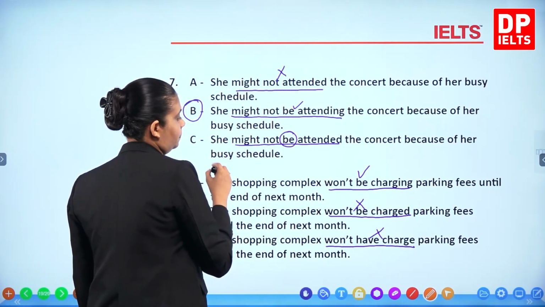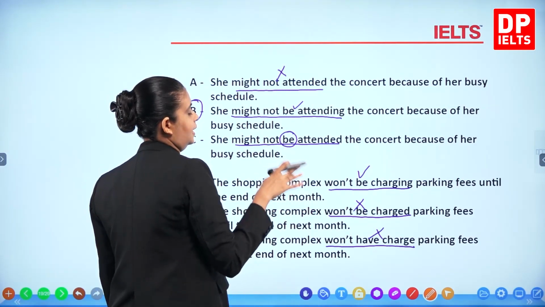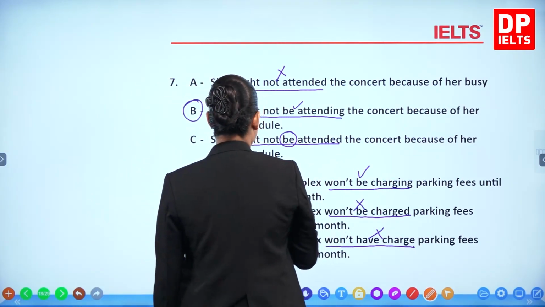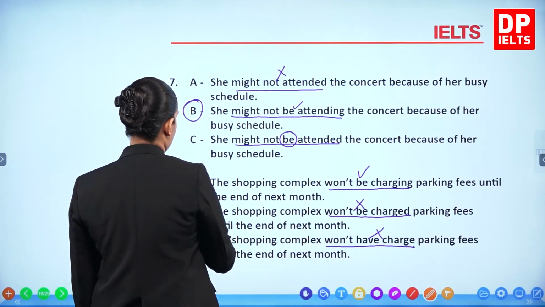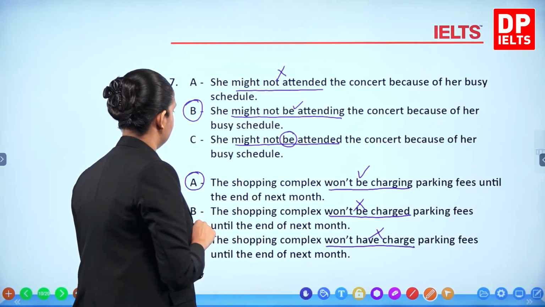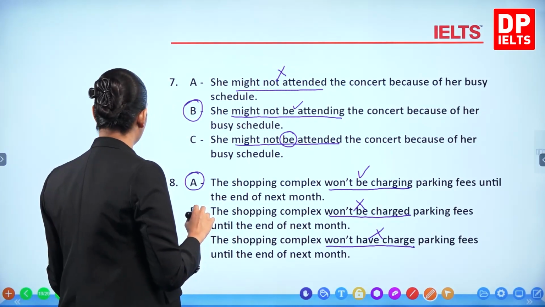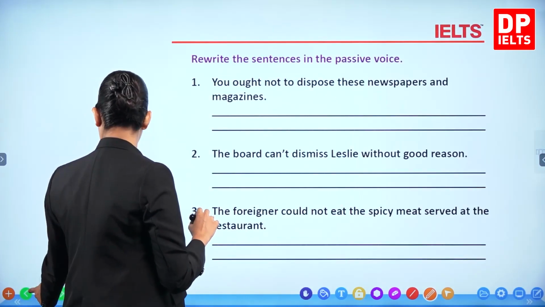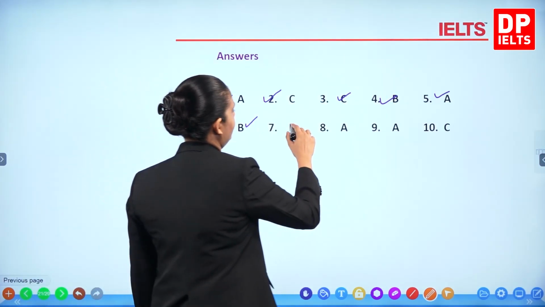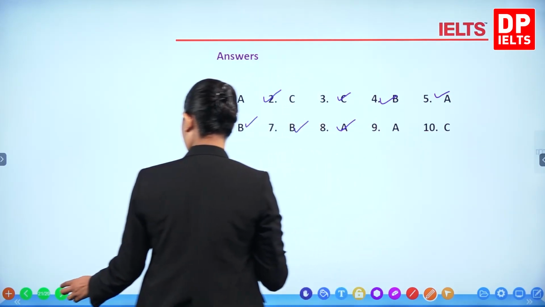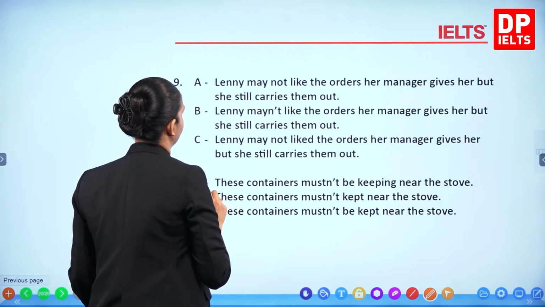It is subject plus the modal plus the negative form plus be plus the past participle. So A is correct. So for 7 and 8, B and A, we've got it. Next one.